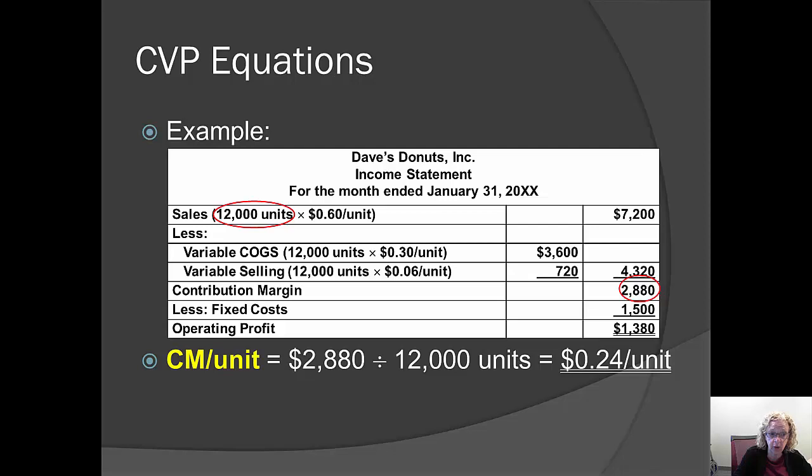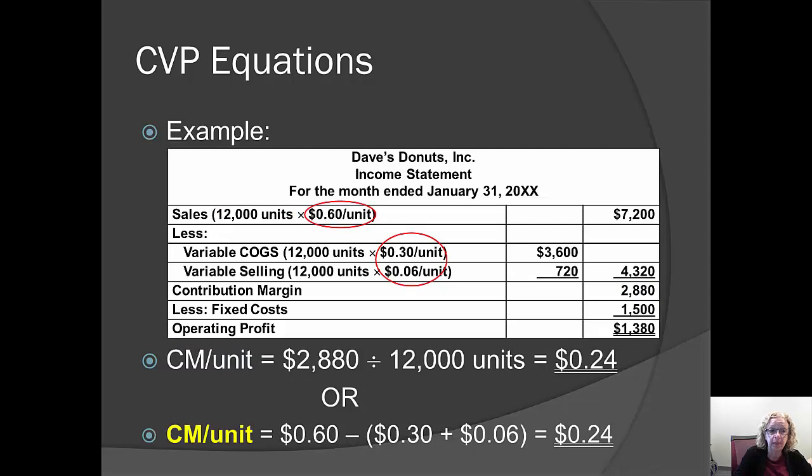Alternatively, if we wanted to, we could take the 60-cent selling price and subtract out the 36 cents of variable cost, and we would end up in exactly the same place, 24 cents of contribution margin for each donut that Dave sells.